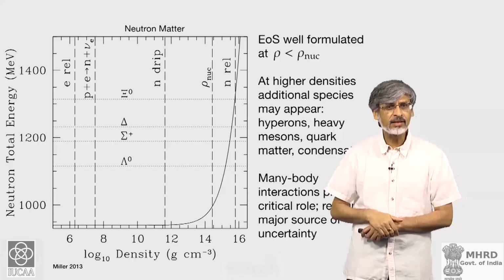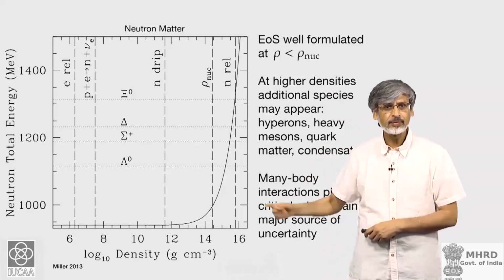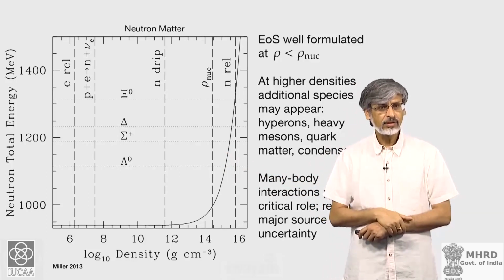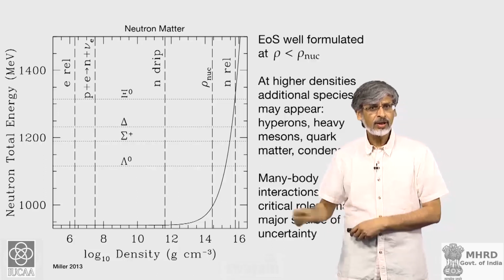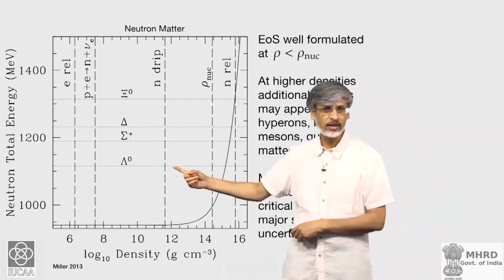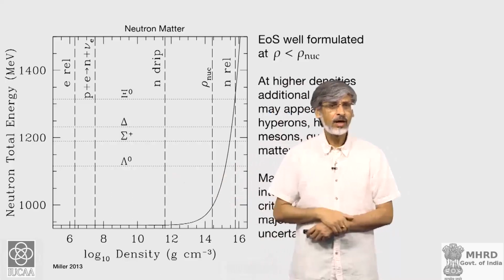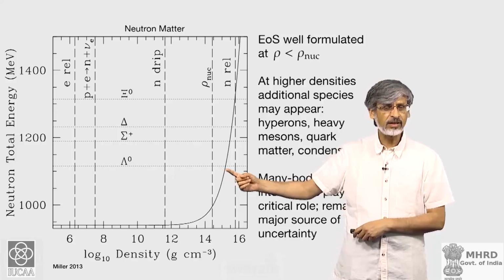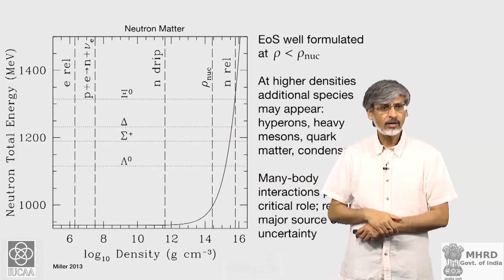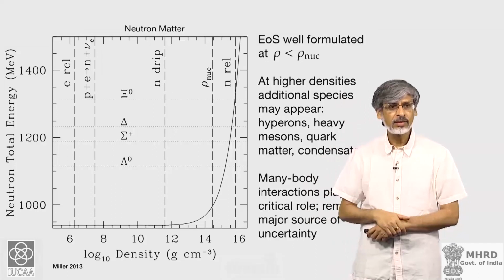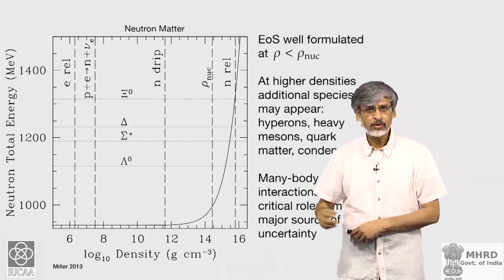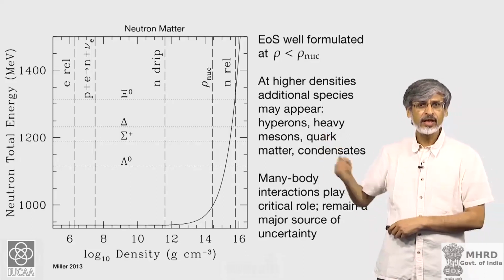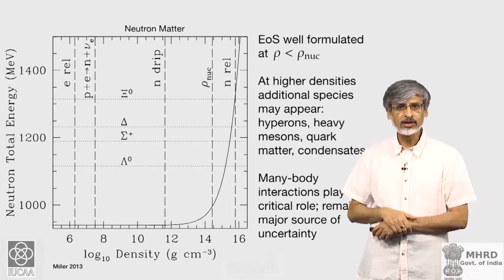Now, as it begins to rise, the value will begin to cross the rest mass of various other particles that can exist. So, various other hyperons and mesons can begin to appear spontaneously when the available energy bath is high enough. So, at higher densities additional species may appear, and these include hyperons, heavy mesons, quark matter, condensates and so on.